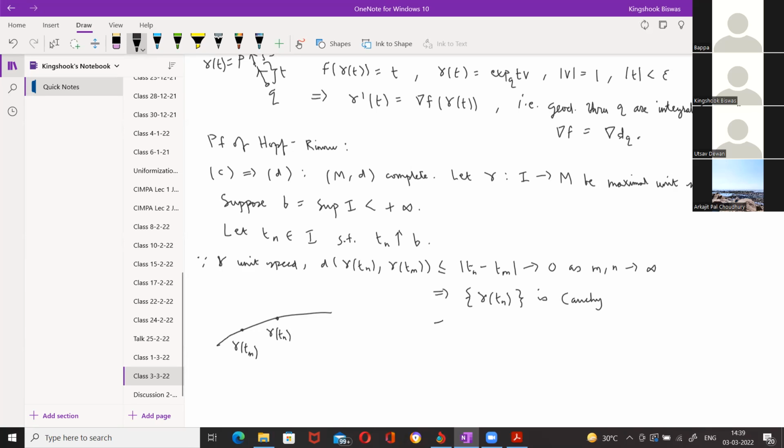And so therefore, by our hypothesis that the manifold is complete as a metric space, there exists a point P in M such that gamma Tn converges to P as n tends to infinity.